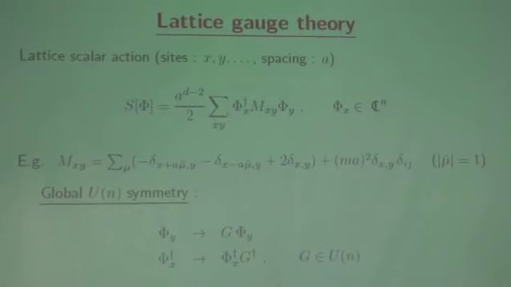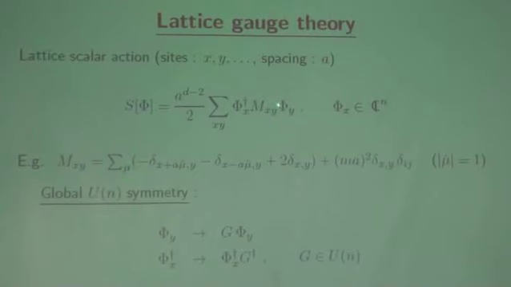This is a double sum over all the sites, and there's a coupling here which I can write as a matrix. For instance, in the free case, we would have this discrete second derivative, or discrete Laplacian, if we sum over the mu, and then again a diagonal mass term.